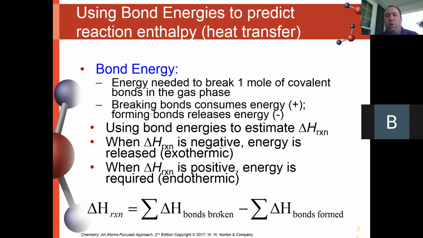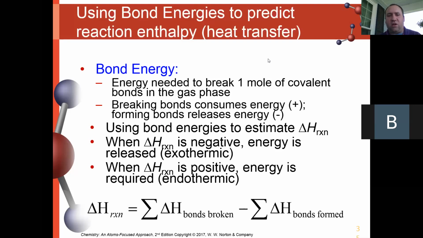So when our total reaction has a negative energy, that means that energy has been released from the reaction. We call that an exothermic reaction. When energy has to be brought in to allow the reaction to occur, energy input is positive. That's an endothermic reaction.